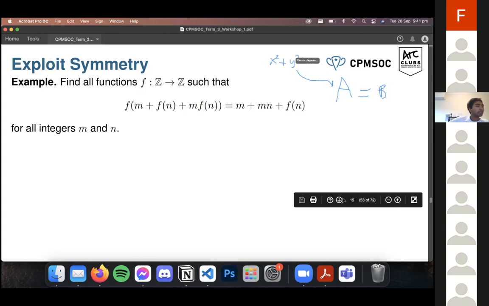But let's say B is asymmetric, so B has some sort of asymmetry. So an example of an asymmetric expression, you could have x plus 2y. So if you swap x and y here, you get two different expressions.